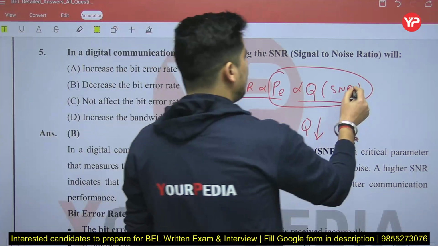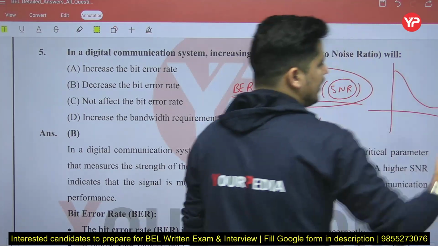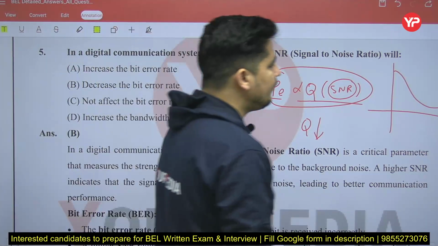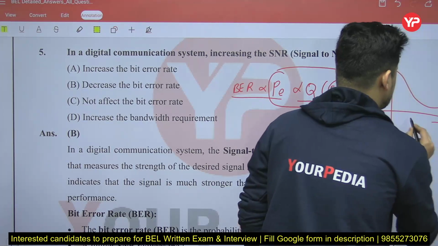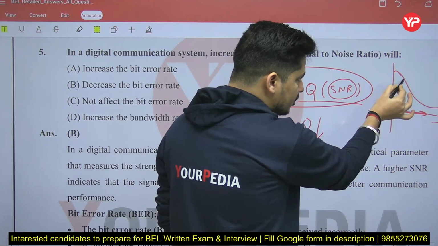As your SNR increases, see, basically if you have a decreasing function like this, and I increase the value of x, what happens? The value of this function will decrease.